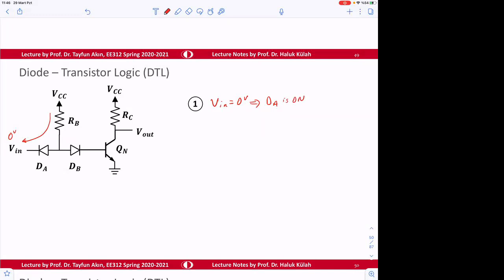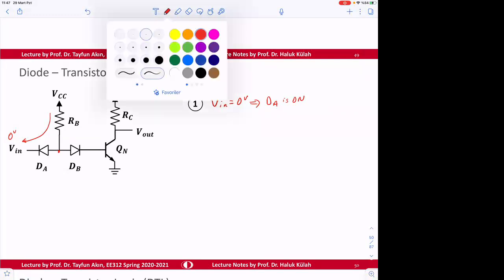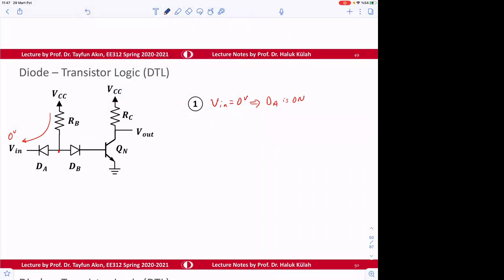So if dA is on, let's call this voltage Vx. Maybe I should change the color of the pen. So this voltage is Vx. Okay. What is Vx?